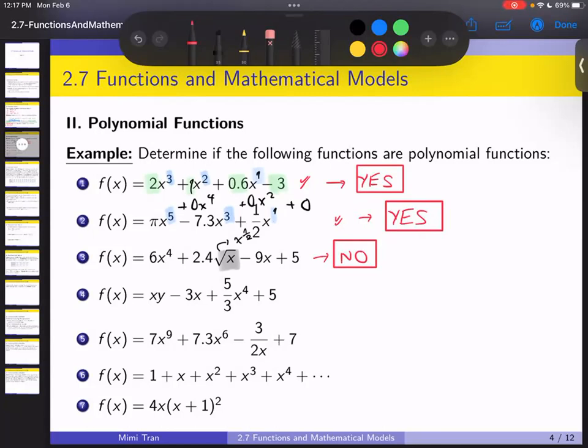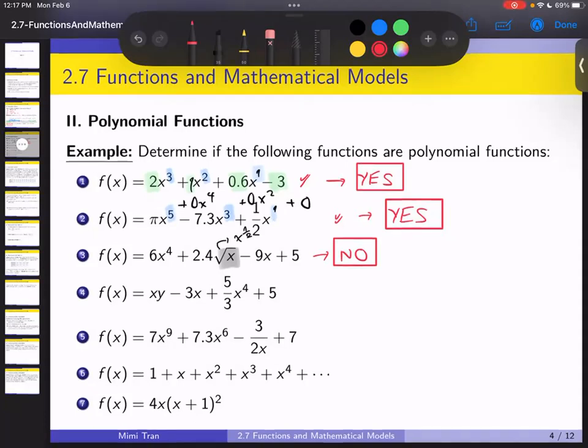Yes. Do we have non-negative integer powers? Yes. What else? How many variables do you see here? 2, right? A polynomial has only one variable. So because it's multi-variable here, no, it's not.